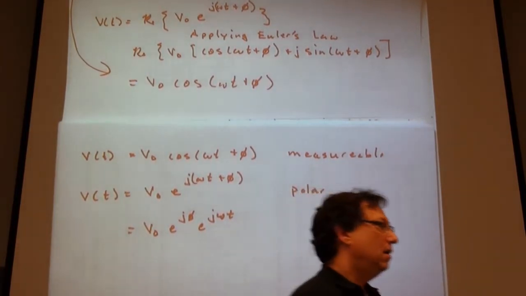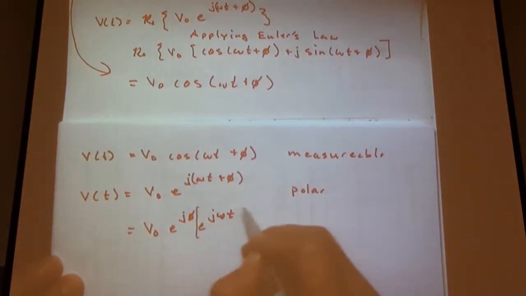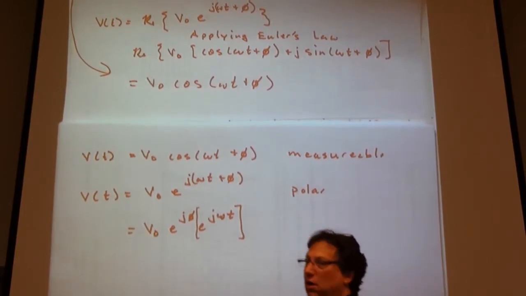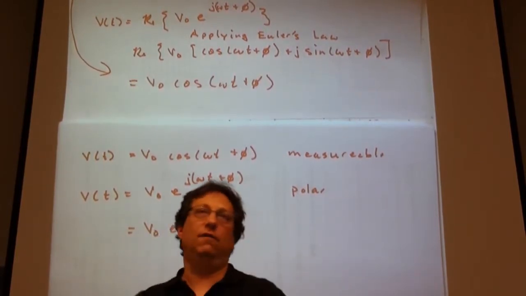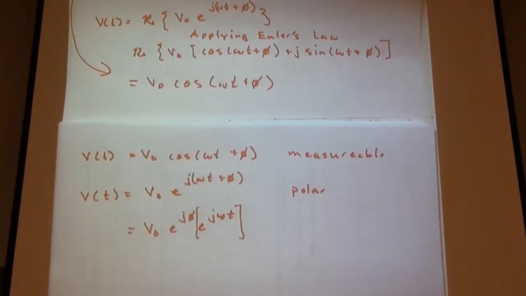Arguments add. And one of the things we indicated is every term has the same omega. So if we look at voltage in a given circuit for a given source, the voltage across the capacitor, across any resistor, any capacitor, any inductor, all is going to oscillate at the same frequency.